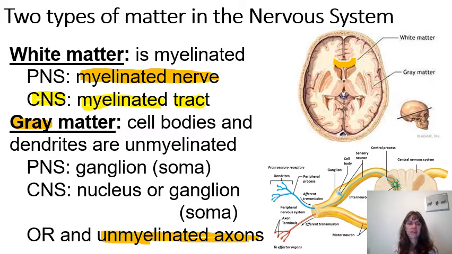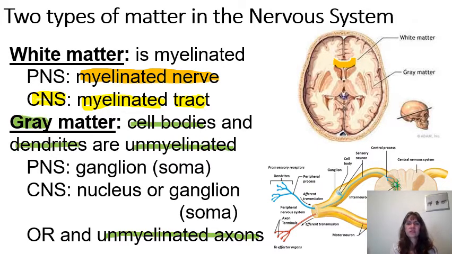However, gray matter if it is unmyelinated. Cell bodies and dendrites are always unmyelinated. I'll say that again. Cell bodies and dendrites are always unmyelinated. Sometimes axons are unmyelinated. Anything that doesn't have myelin is considered gray matter.